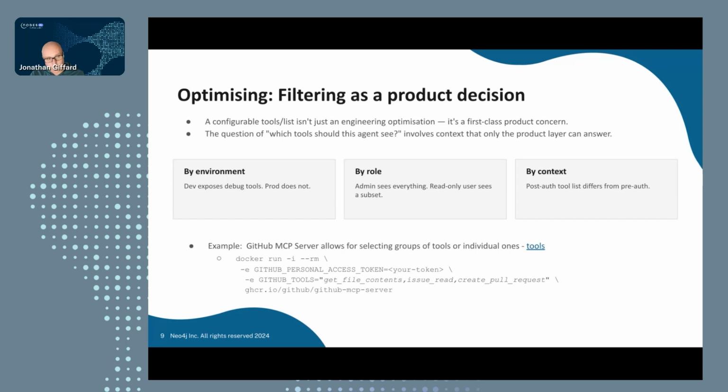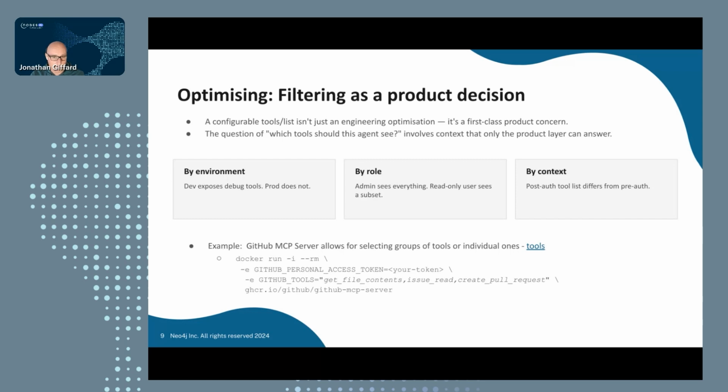We could also look at the context. So, for example, we could decide that some tools you can always use, but other tools are locked away behind some form of authentication. And there's a great example of this when you go look at how GitHub has done it. And they allow for selecting of groups of tools or individual ones.